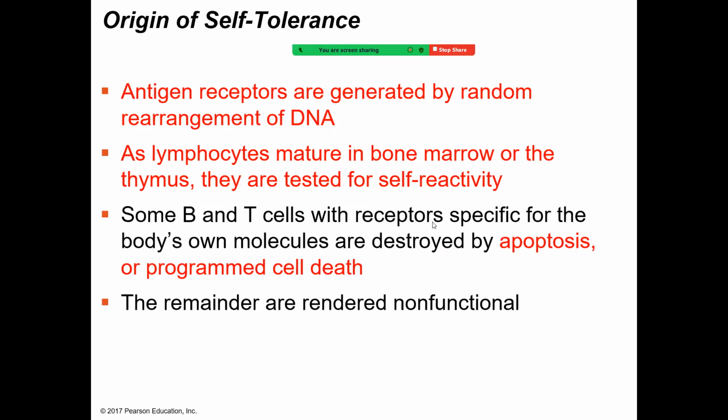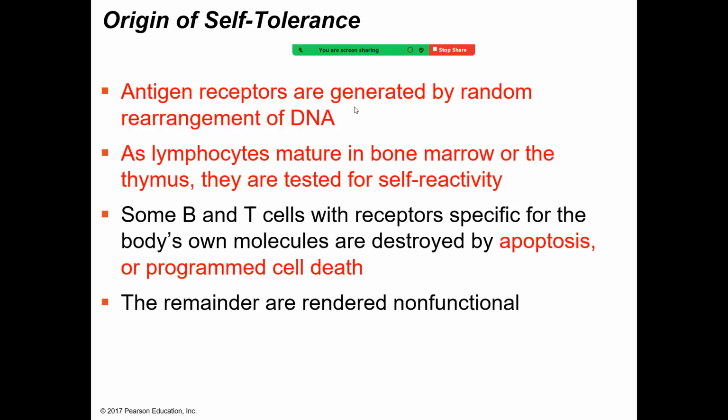Okay, so again, this idea of self-tolerance. So remember we said that our adaptive immune system has to be really good at telling the difference between self and non-self cells. So the antigen receptors, those B cell antigen receptors and T cell antigen receptors, they're generated by random rearrangements of DNA.